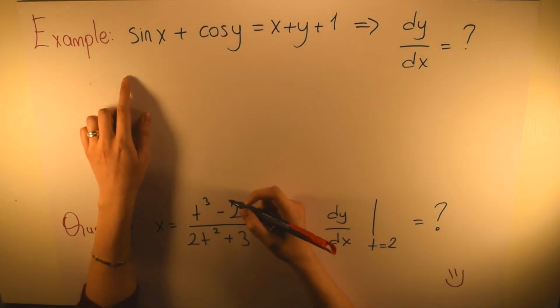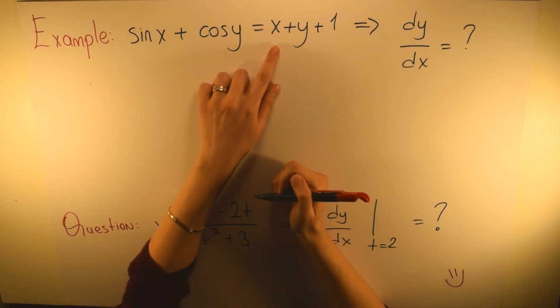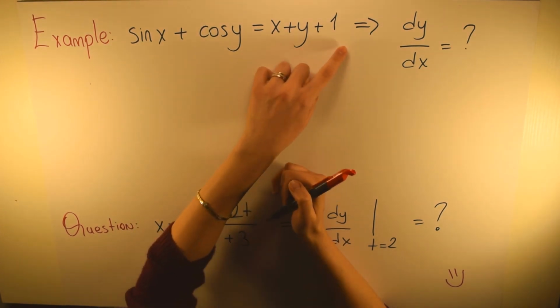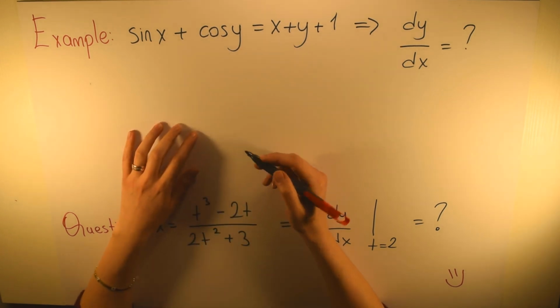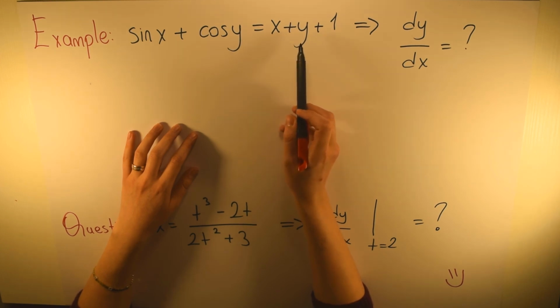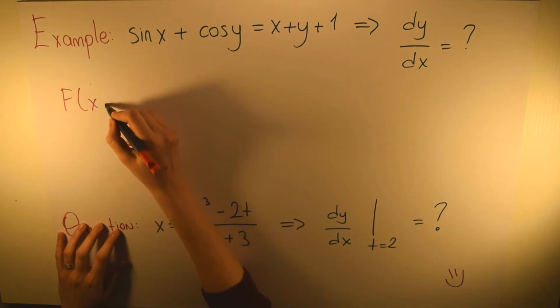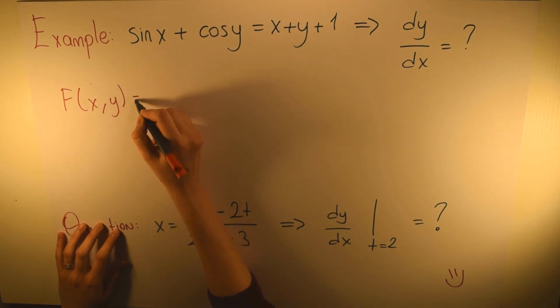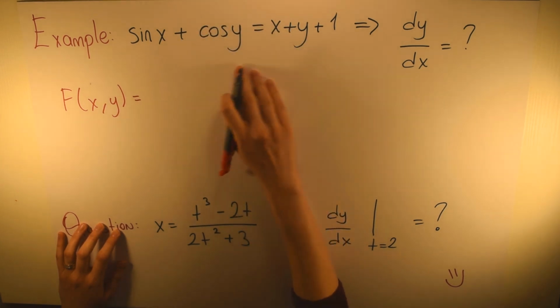Let's look at this example. Here we have sin x + cos y = x + y + 1. So what is dy/dx? As you can see, we have two different variables here, x and y, so this is an implicit function. Let's rewrite our implicit function here. f(x,y) equals, let's put all these on one side and make this equal to 0.